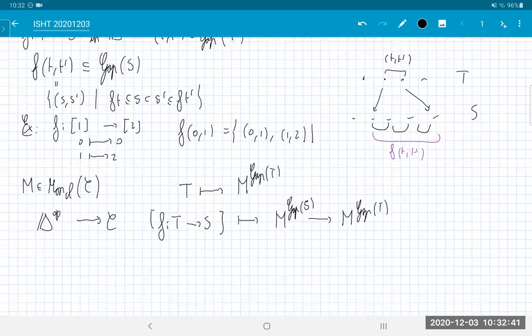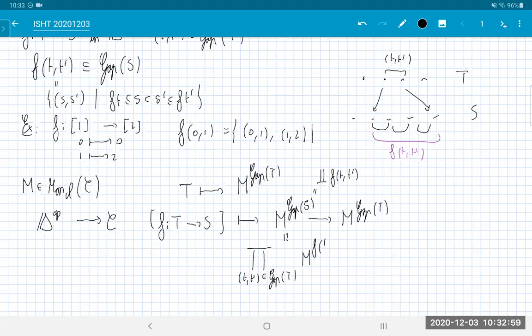And how does it work? Well, the gaps of S split as the union over the gaps of T of the image. So you can think of these as the product over the gaps of T of M of f T T prime, and this goes to the product over the gaps of T of M. And here I'm just taking this mu of f T T prime.